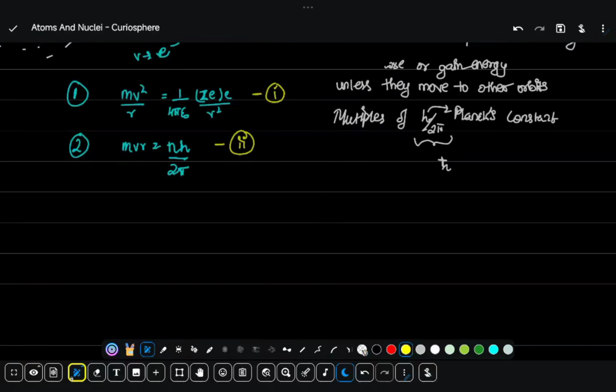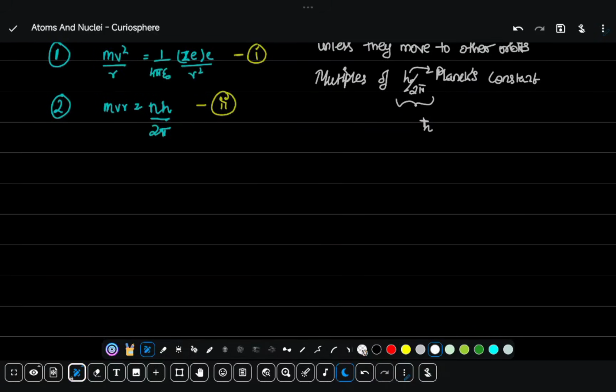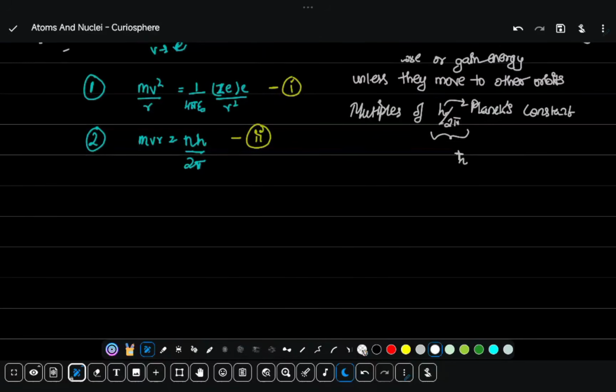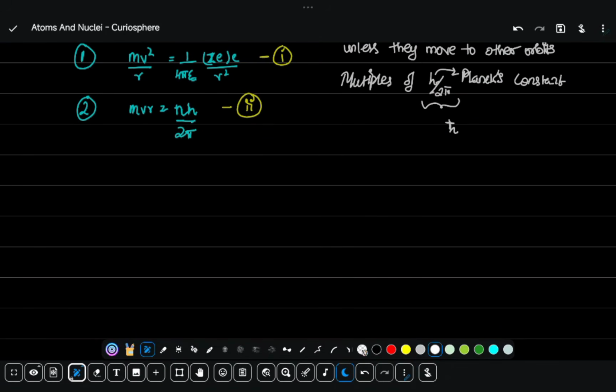For example, for finding the velocity of the electron in the nth orbit, from equations 1 and 2, we take the first equation. You cancel r on both sides, so mv squared equals 1 by 4 pi epsilon naught z e squared by r.